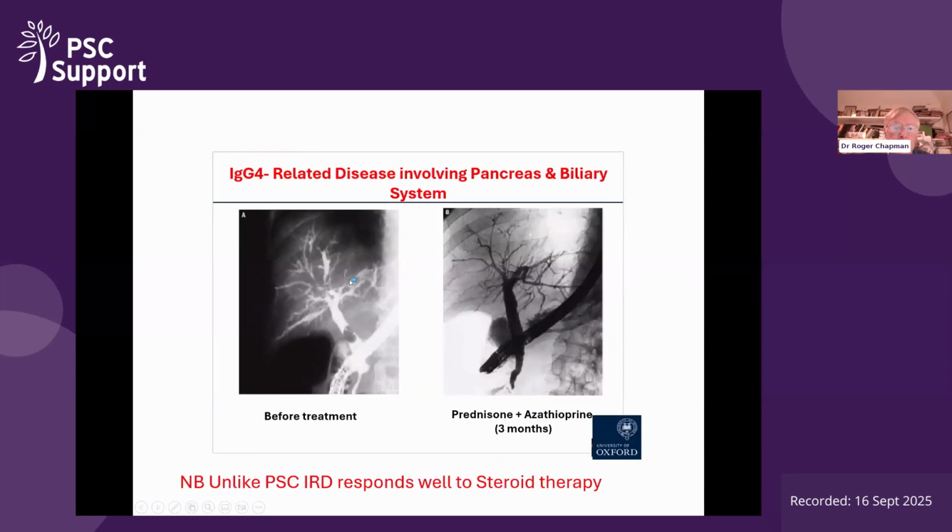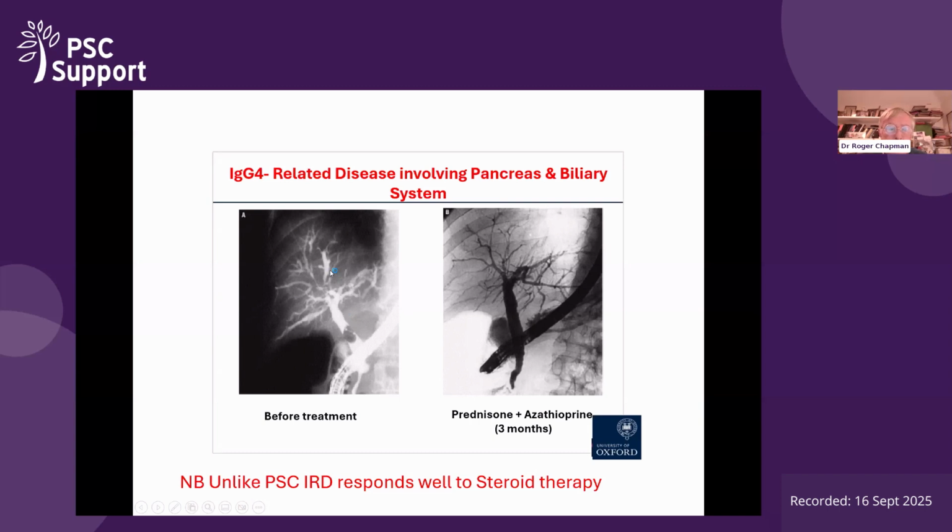I thought I won't show too much of the histology slides, but basically this is remarkable when you look after these patients. They will present, again, identically with a patient with PSC. This is an IgG4-related patient, a man. Again, it's male predominant, just like PSC. Very common, particularly in Asia, in Japan and China, who first reported this condition.